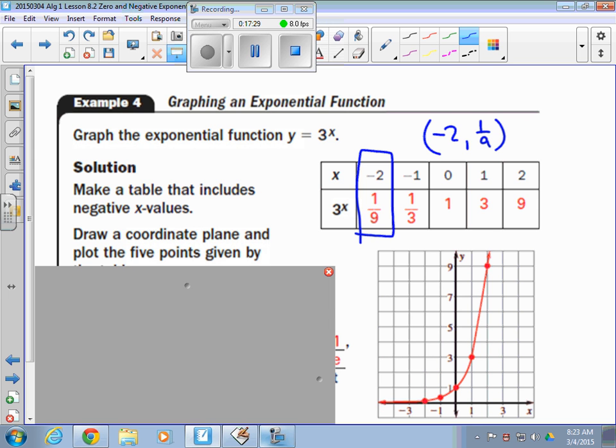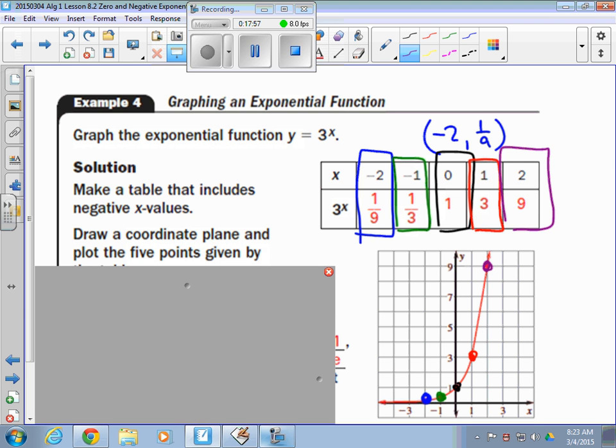The second one is negative 1, 1/3. At 0 is the next one, which is 1. The next one is at 1, 3. And then the last one is at 2, 9. So notice it's an exponential function.